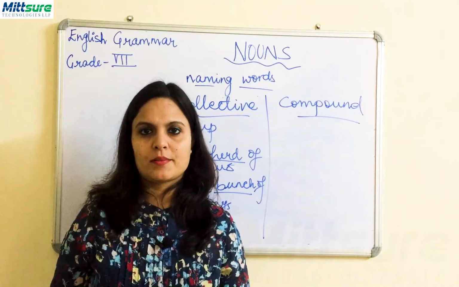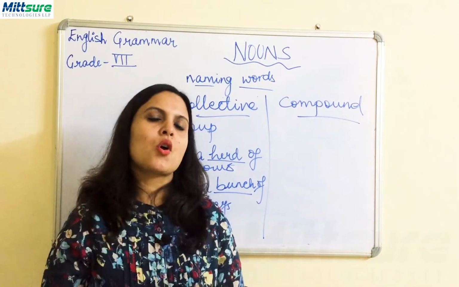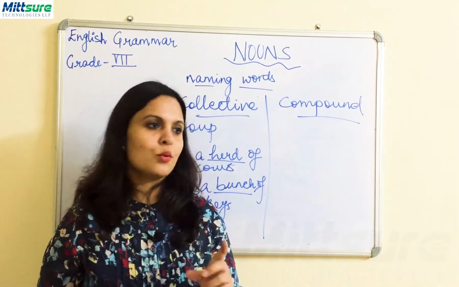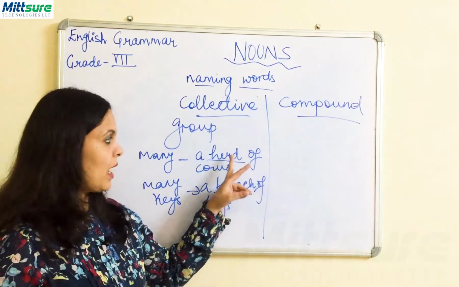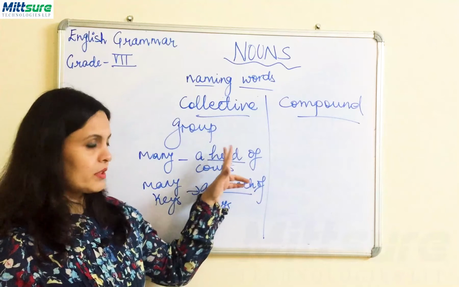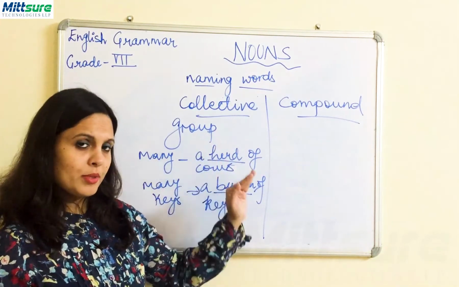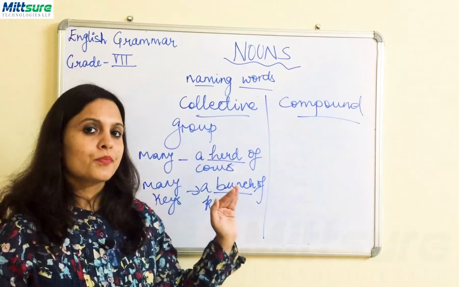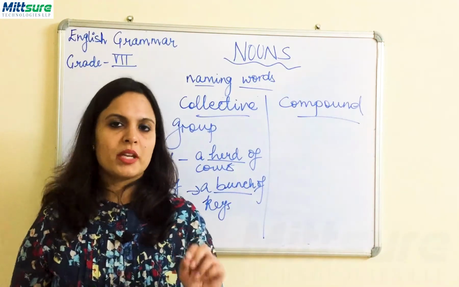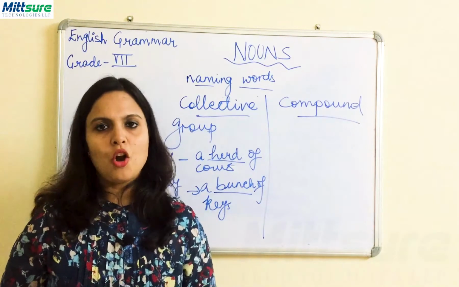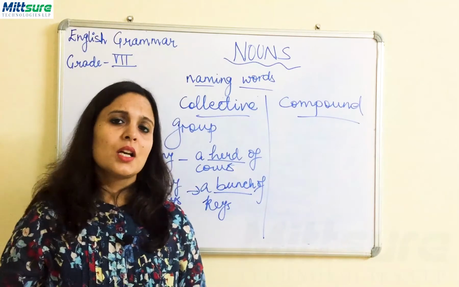School of fish. So when you read through, when you come across a word and you see "of" followed after that, I mean "of," which is a preposition, following the word, then you know that it is actually a collective term given to this particular object or animal or people, right?